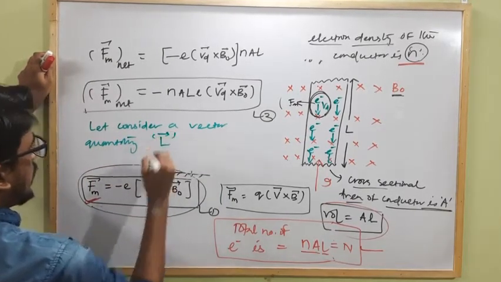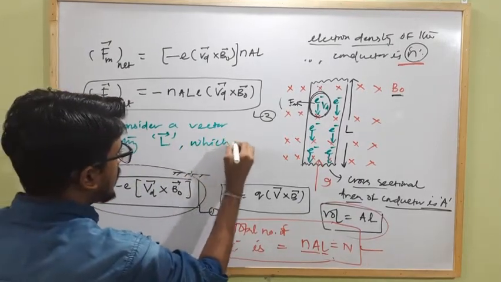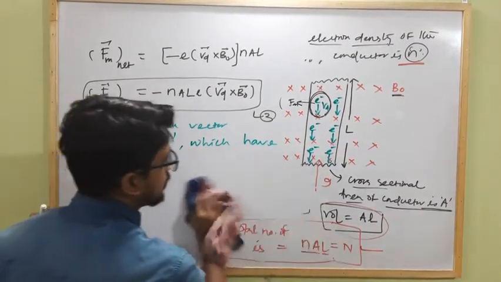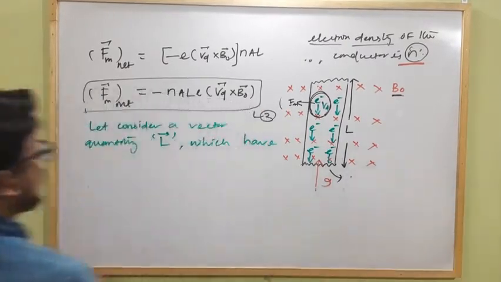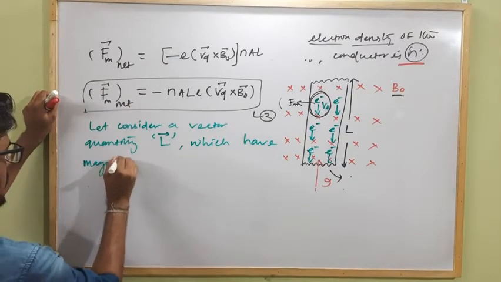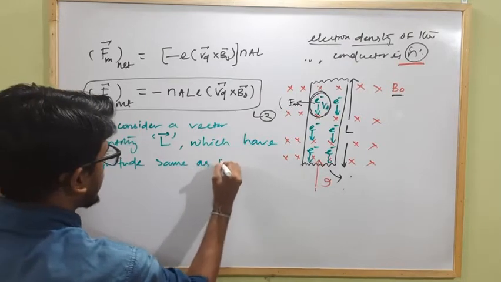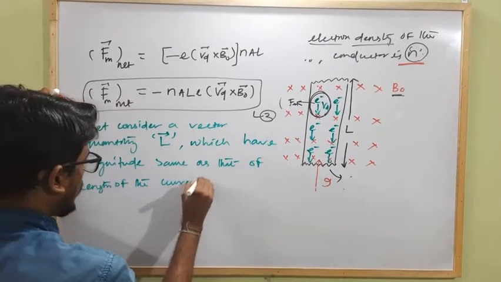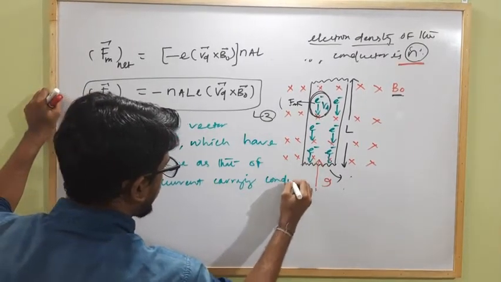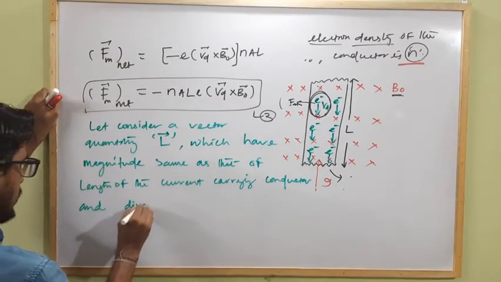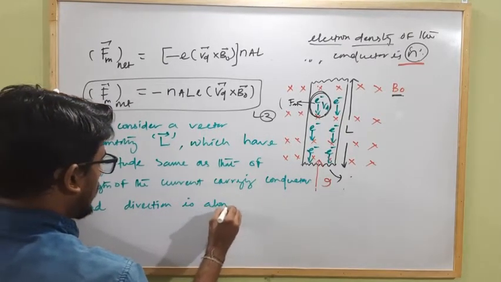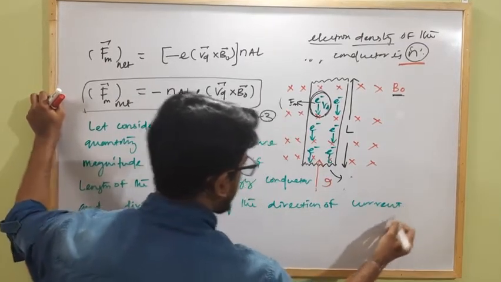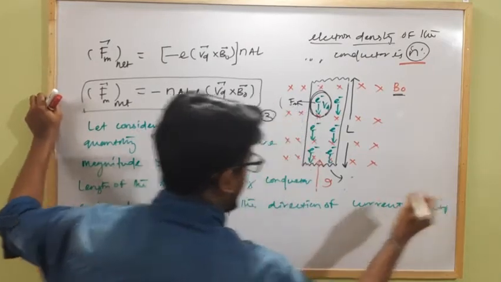That is AL vector. Okay, let's consider a vector quantity L vector which has magnitude same as that of the length of the current carrying conductor and direction along the direction of current flowing in the conductor.